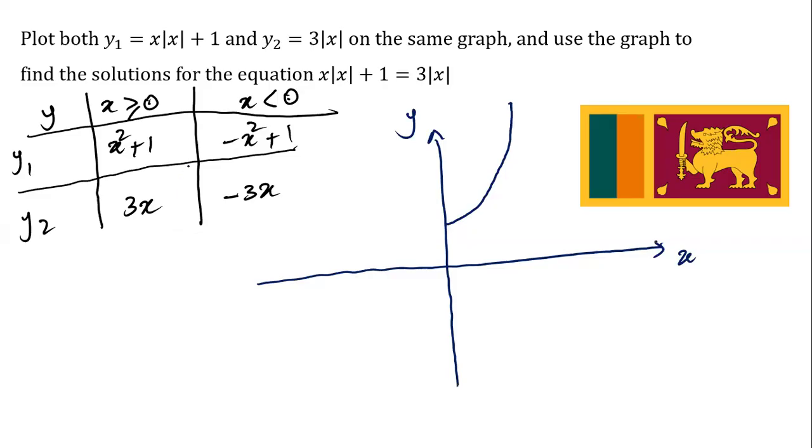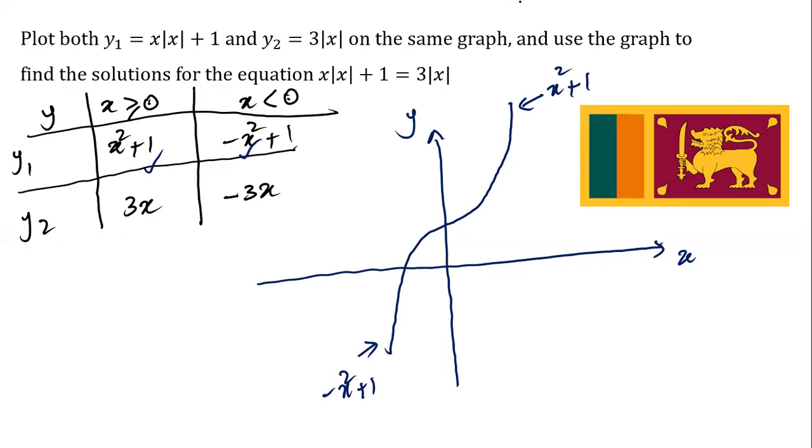And when x is less than 0, it is going to become like this. So in this range, it is minus x square plus 1. In this range, when x is greater than or equal to 0, it is x square plus 1. Okay, so we have finished this part.